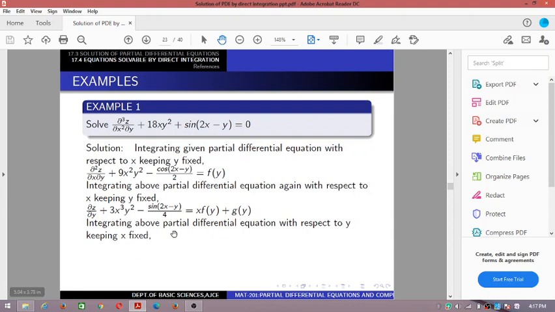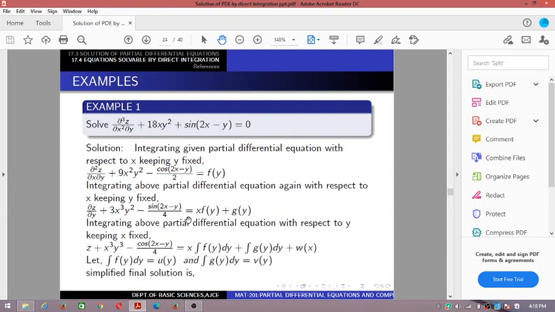Now we integrate this partial differential equation once again with respect to y, keeping x fixed. Then we obtain z plus 3x³, which is constant in this term. We are writing 3x³ over here, and the integral of y² with respect to y is y³/3.